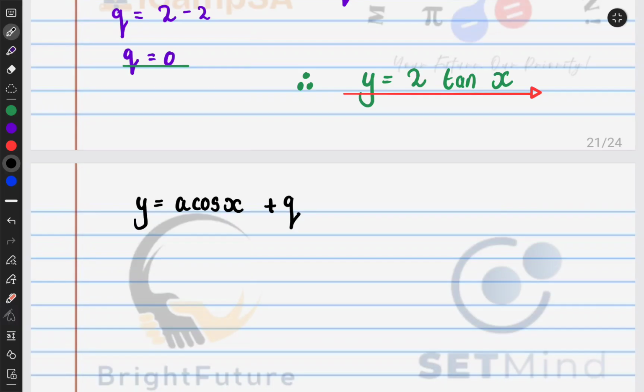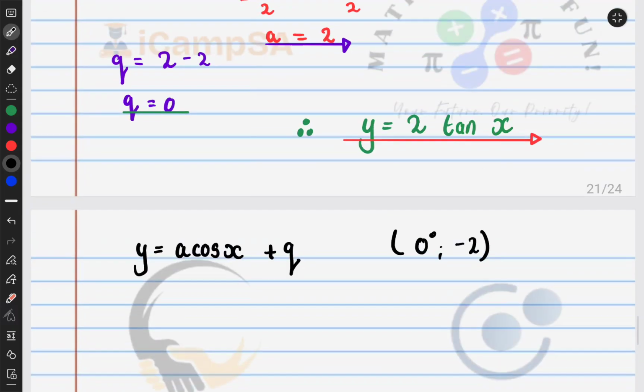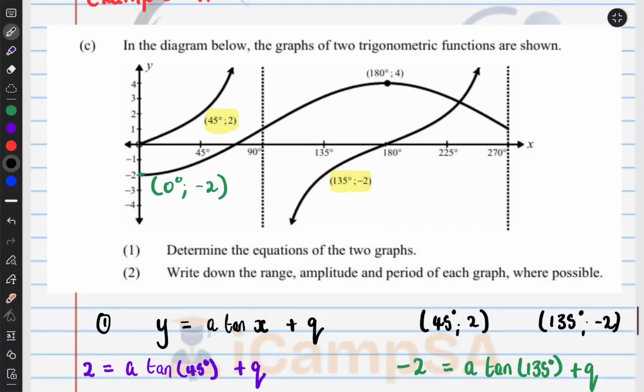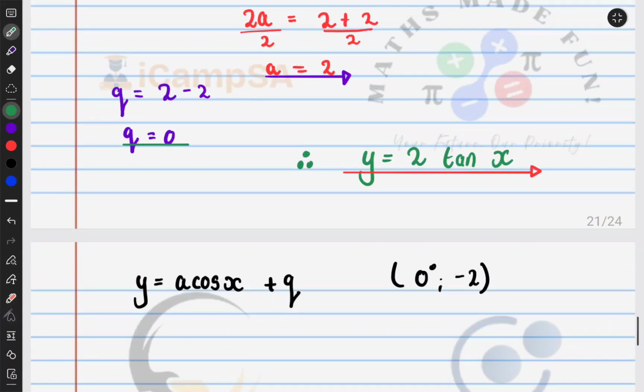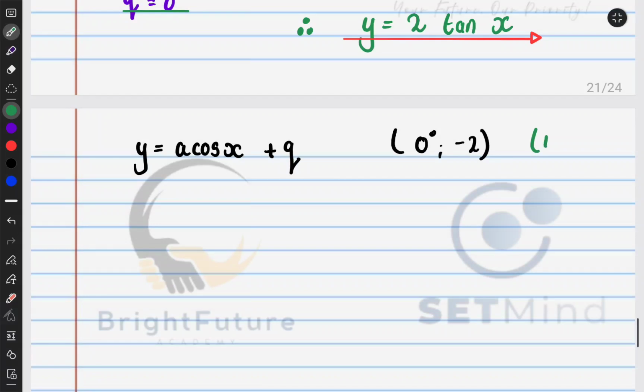Okay, and then the two coordinates that we have there are 0 degrees and minus 2. Quickly double check. Yes, 0 degrees and minus 2. And then the other one is this one here, 180 degrees and 4. Okay, and then let's generate our equations.